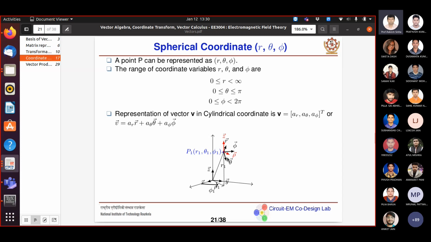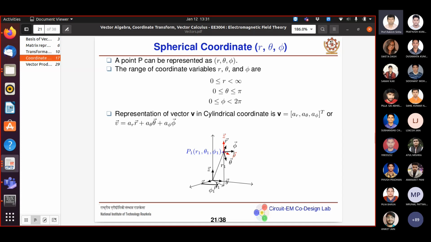In the spherical coordinate system, it has three directions, that is r, theta, and phi. So how has this coordinate system been formed? It has been formed by rotation of the z and rho plane with respect to the phi axis.